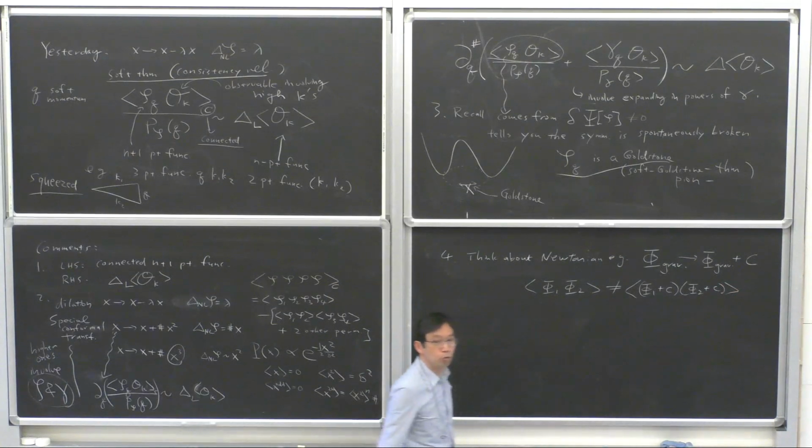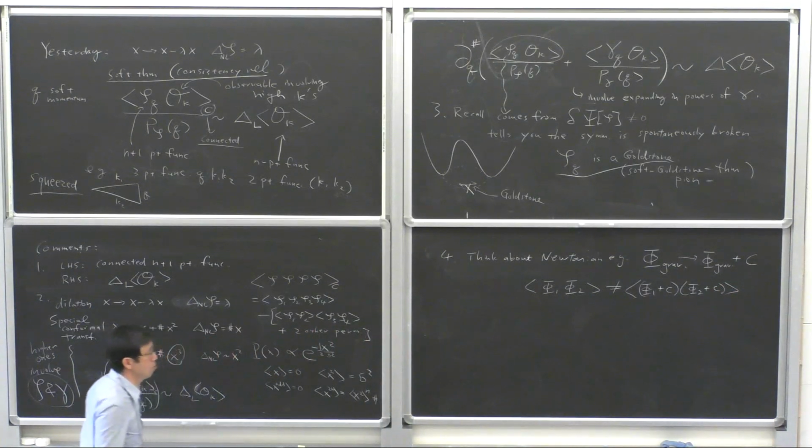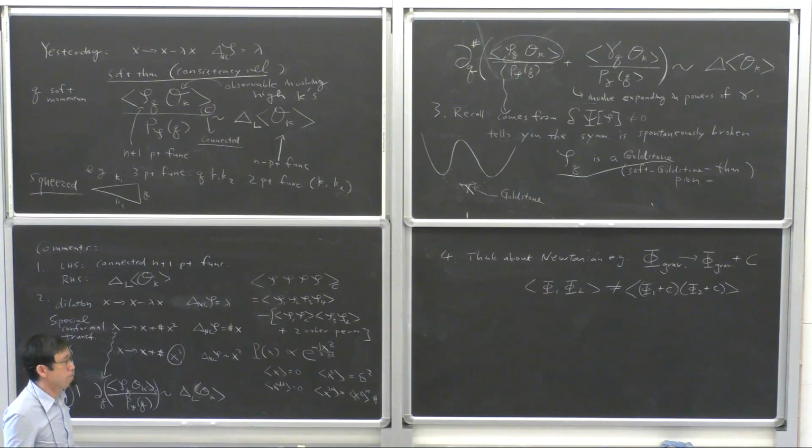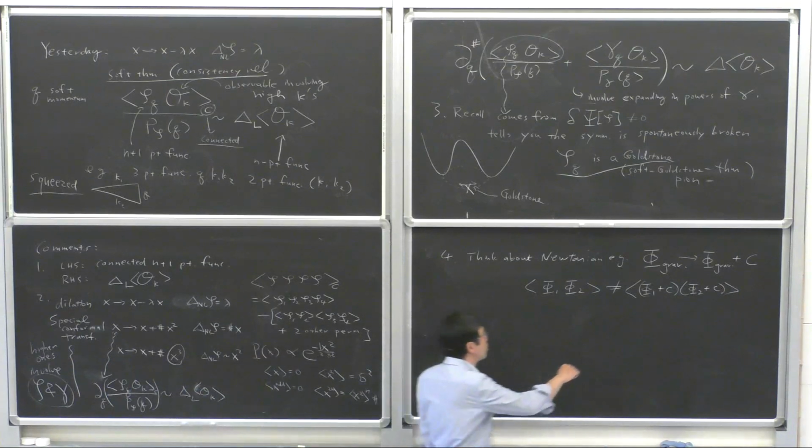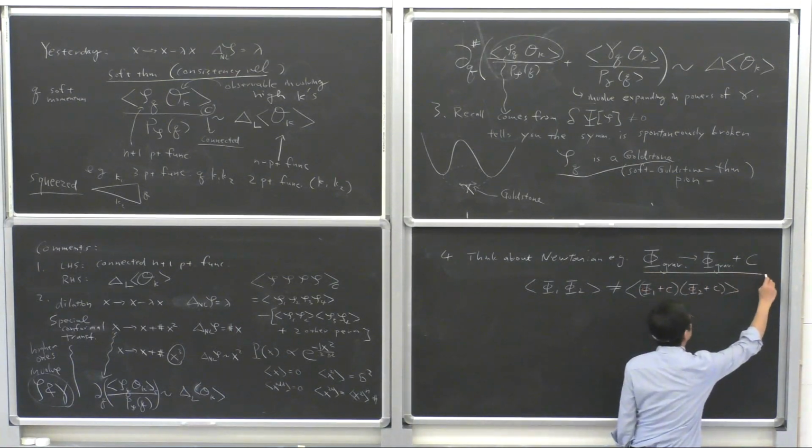Clearly, this is not true, as we discussed two lectures ago. The correct statement turns out to be that there will be some soft theorem associated with the gravitational potential. The fact that this is a symmetry of the dynamics is for sure.